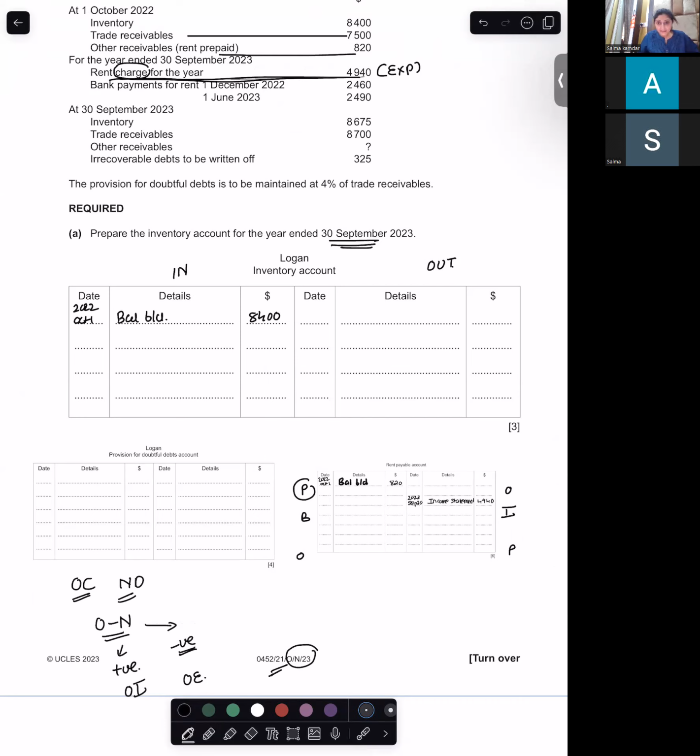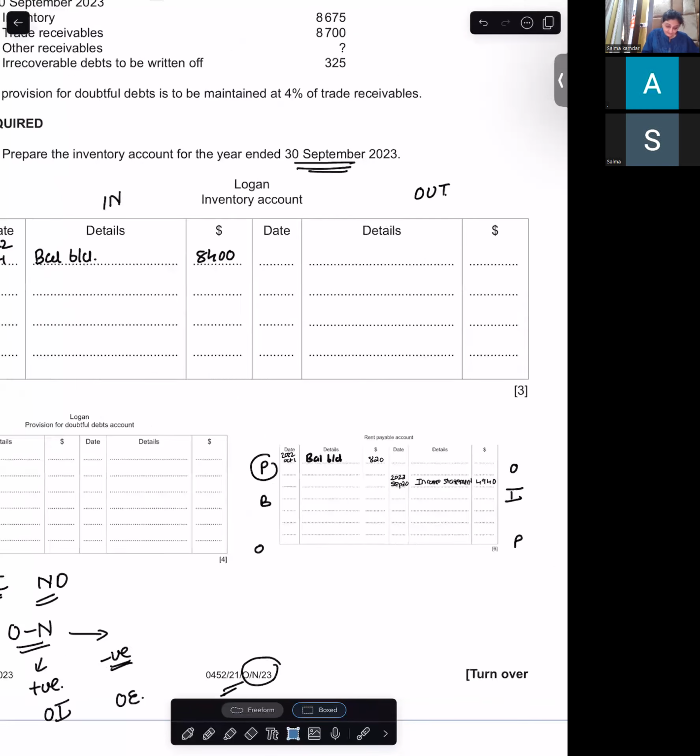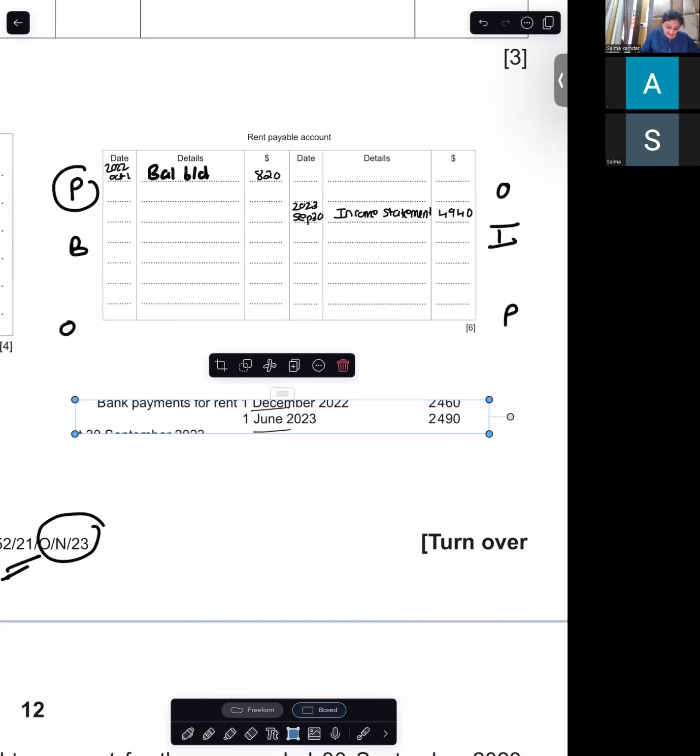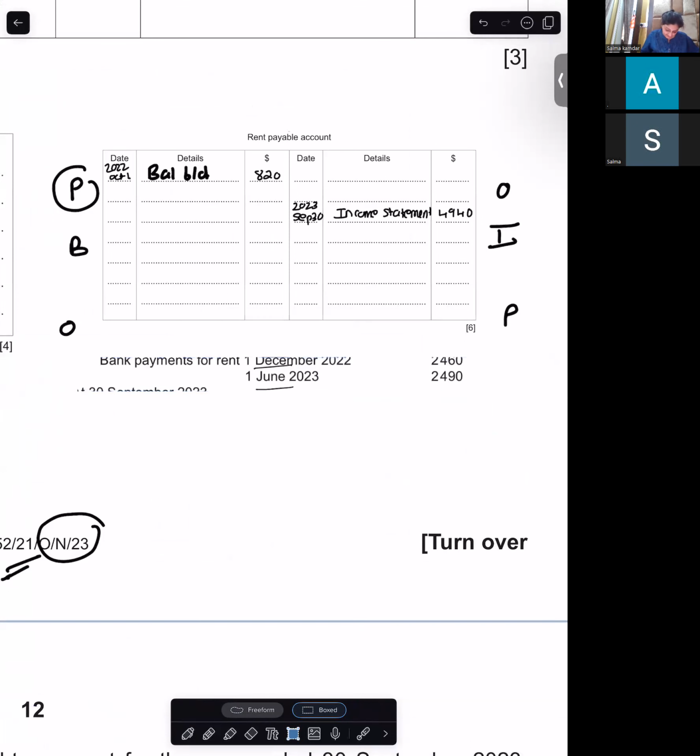And then there are payments also during the year. One is on December 1 and one is on June 1. Do we write the last date or separately? Since we have been given separate dates, we will write separate dates. So one is 2022 December 1 and in 2023 we have June 1.